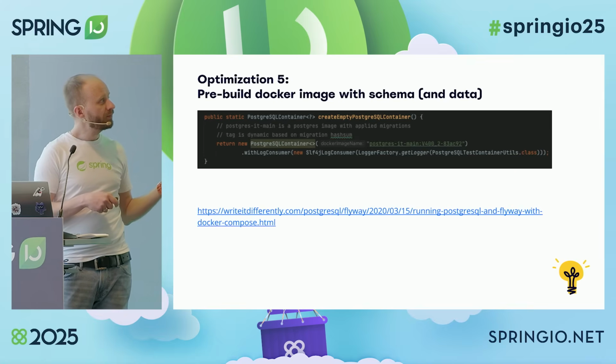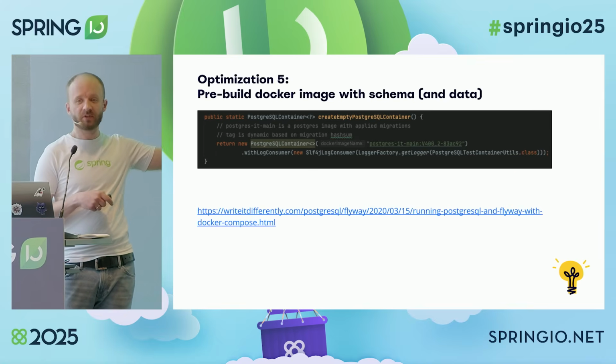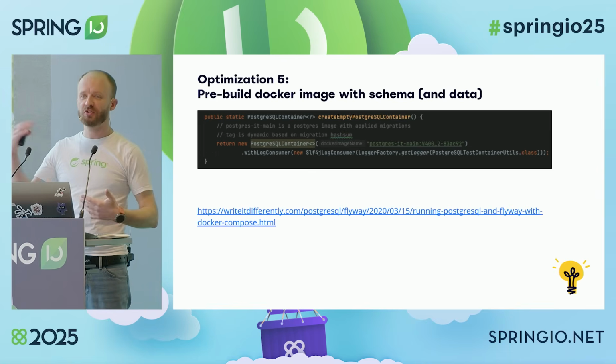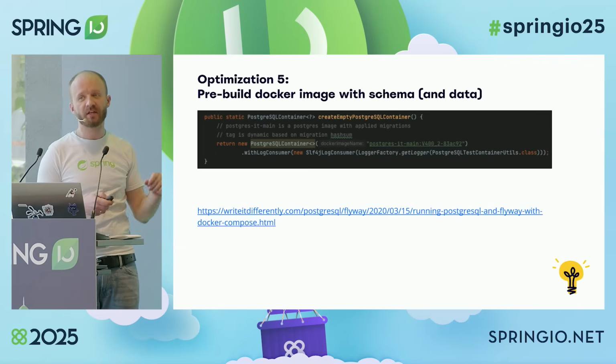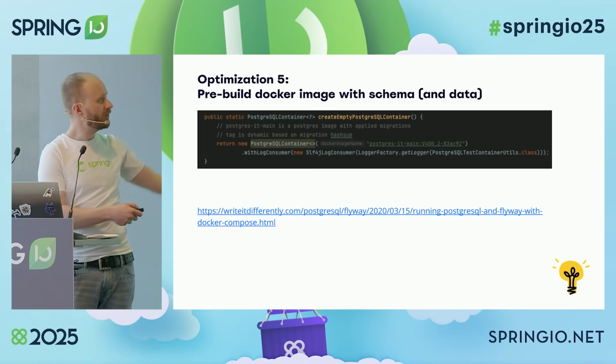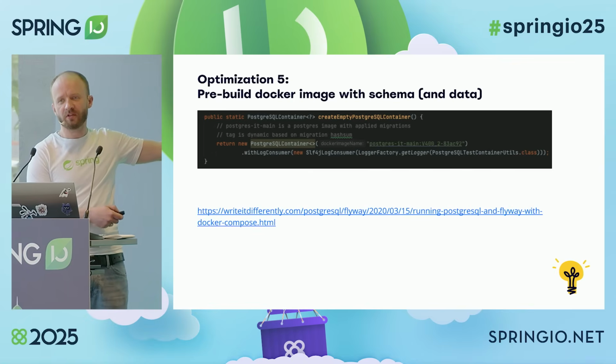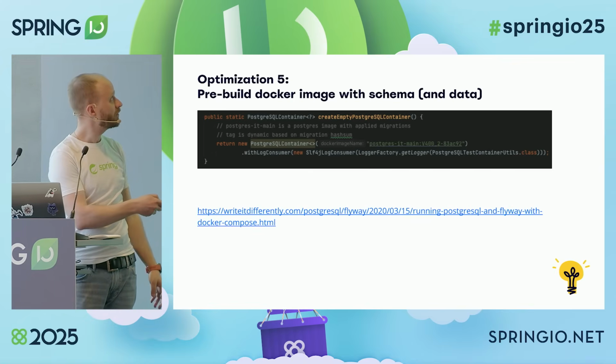Just use some calculation mechanism for the tag, for example, the hash sum of your migrations. This can boost your integration tests significantly. You can find instructions on the internet, or I think ChatGPT can help you with it.